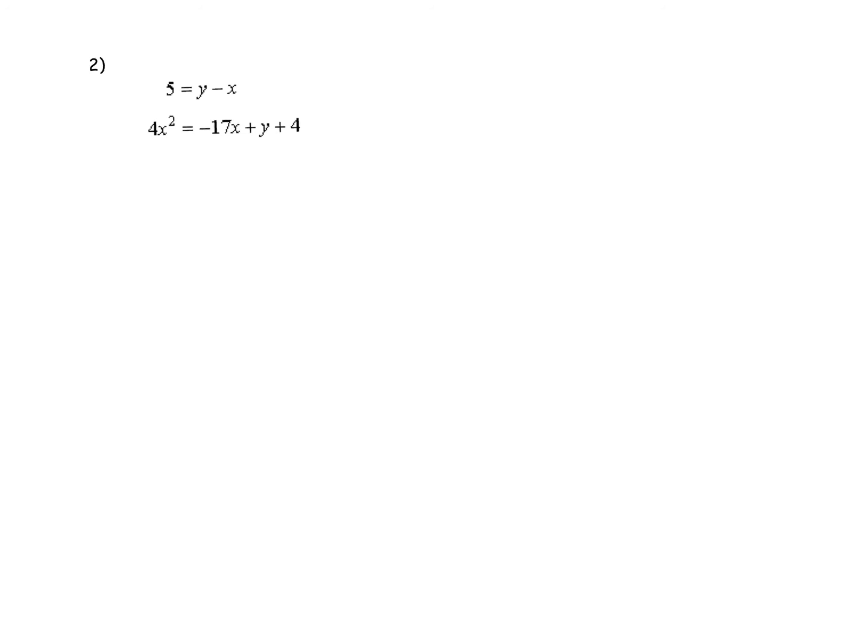So notice in example number 2, it's not y equals this and y equals this. So what I would suggest that you do as step 1 is set both equations to y equals. So in this case, we have 5 equals y minus x.